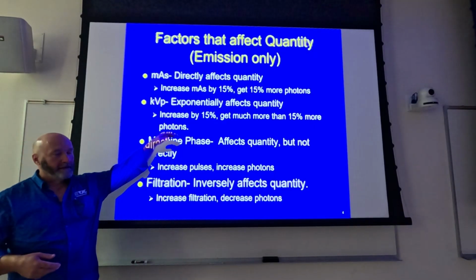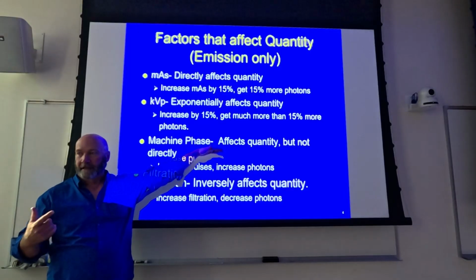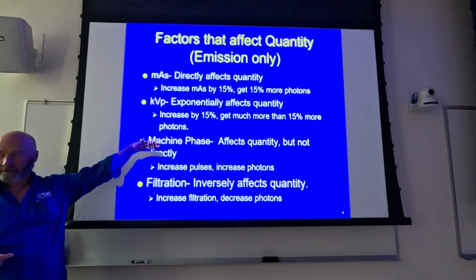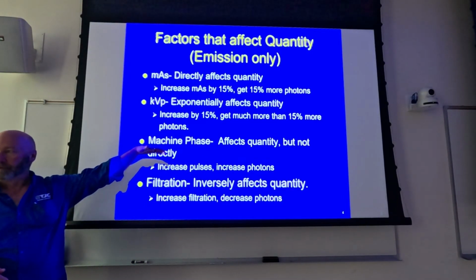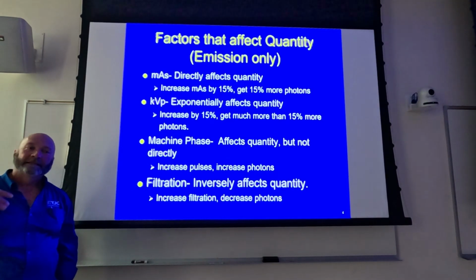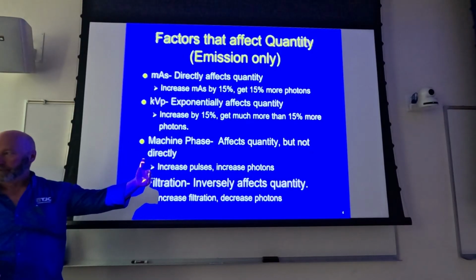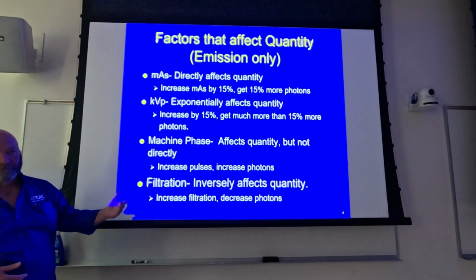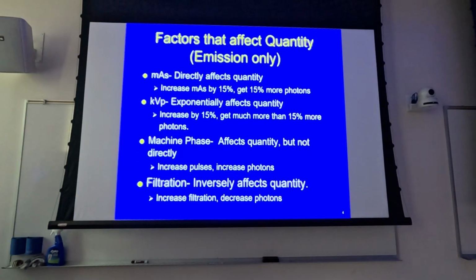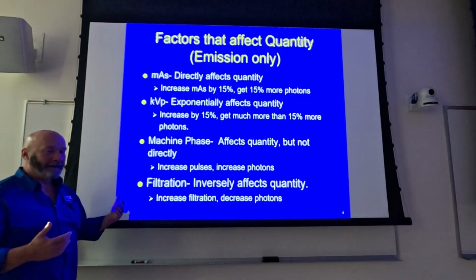With kVp, a 15% increase gives you a doubling at the image receptor, right? It's not one for one. Still goes in the same direction, so it's a direct relationship, but it's exponential, right? 15% equals 100%.